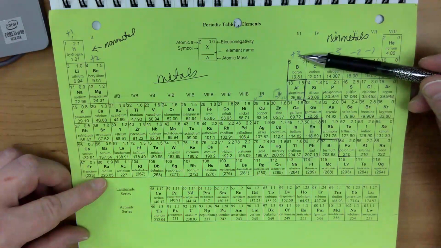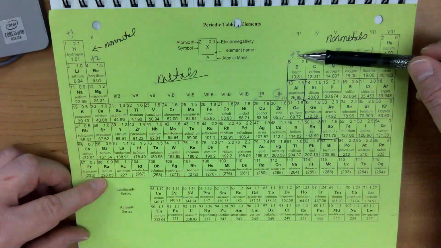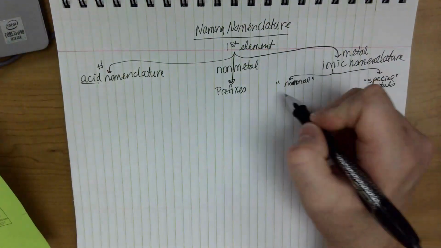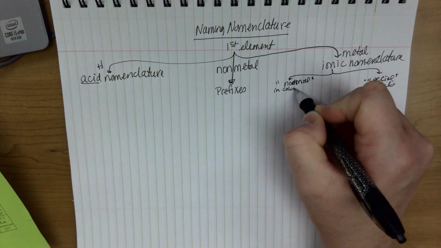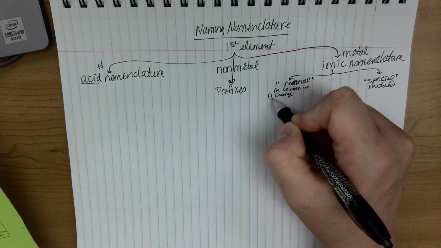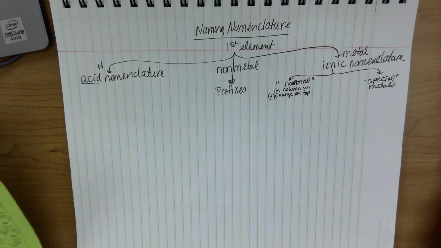So if you notice, on our periodic tables that we have in class, we use ones that have the charges on top. So anything that's in a column with a charge, and it's going to be a positive charge on top, is a normal metal. And so those rules are going to be different from our special metals.